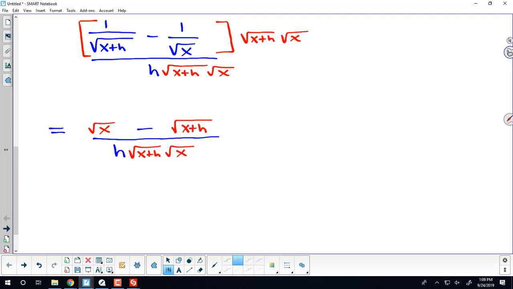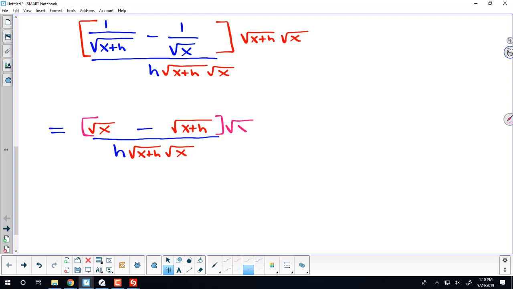So would that be a common conjugate? Okay. Maybe I was just doing algebra wrong. Let's see what happens here. So now we have no more complex fractions. We do have an expression that involves radicals. So at this point, we would introduce the conjugate of the numerator.